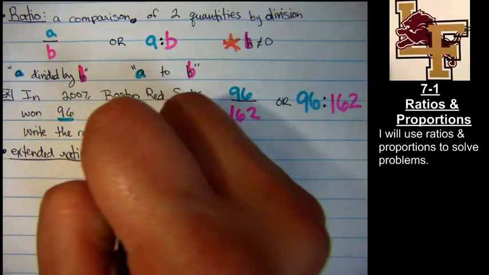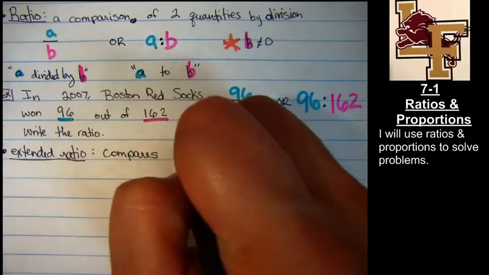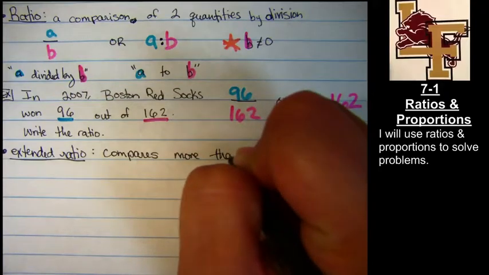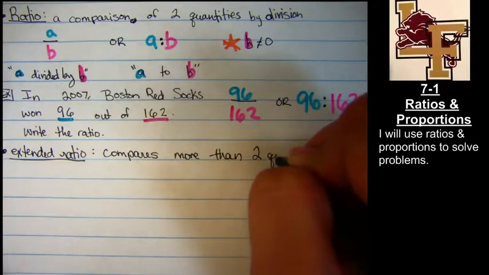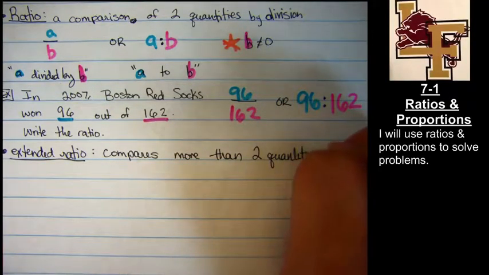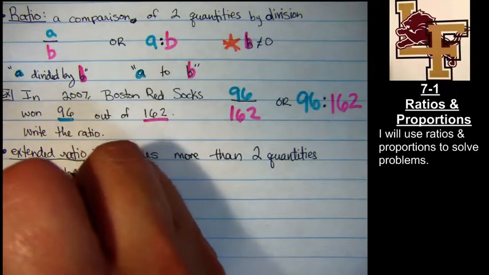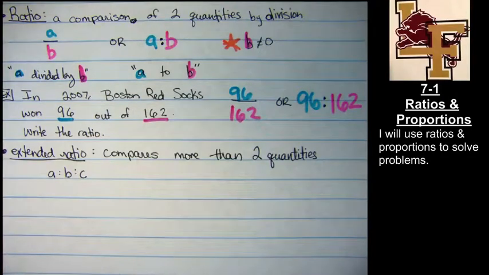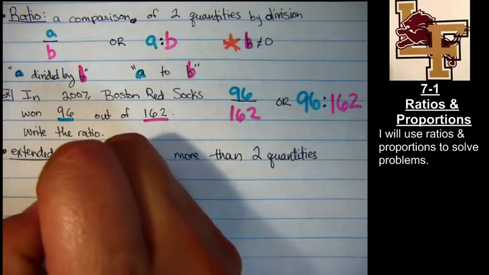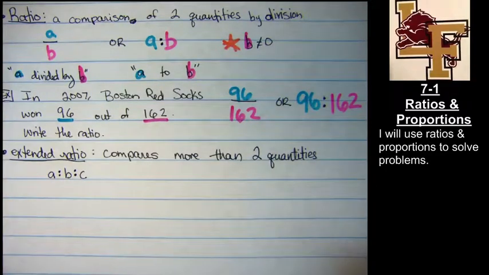So an extended ratio compares more than two quantities. And it looks something like this. Not too scary, right?